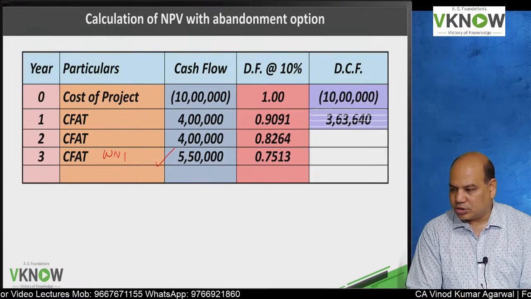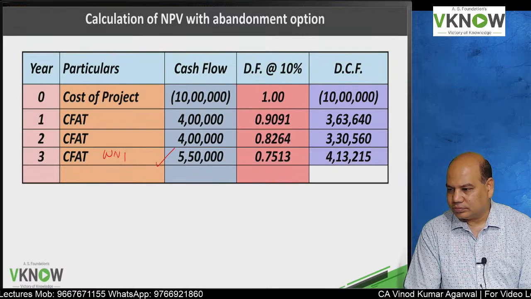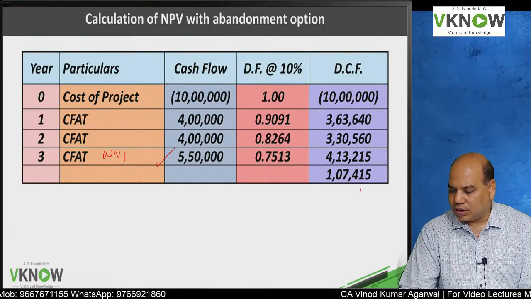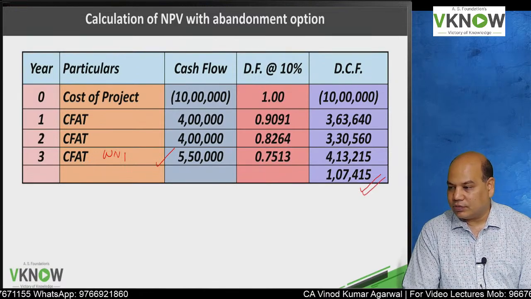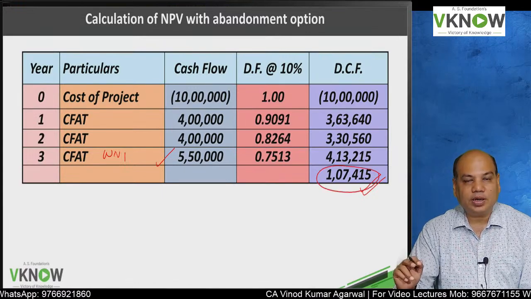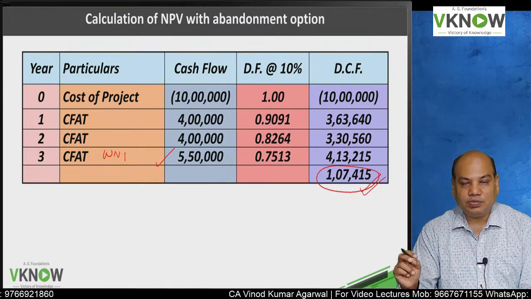The total of the last column is something around 1,07,415. So if I have the abandonment option, then my NPV will be positive.